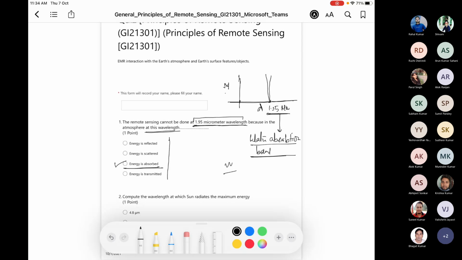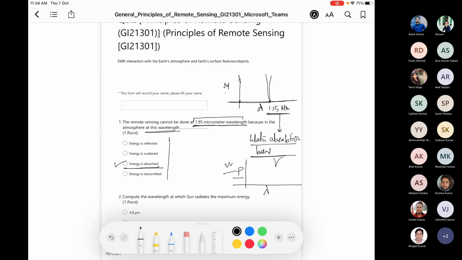Even when we were discussing the spectral signature of different objects, when we plot wavelength versus reflectance curve, and if moisture content is present, like in leaves or in soil, you can see a valley at 1.95 micrometer. So this phenomenon is everywhere.